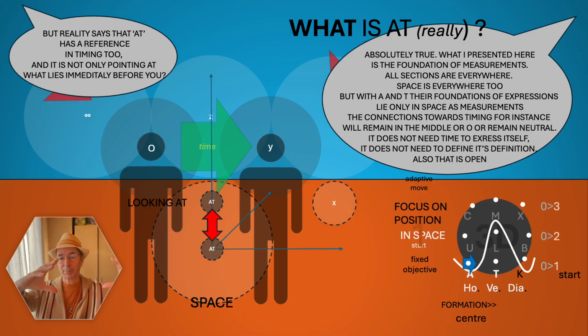You can enlarge space, but the measurements are in that way still the same, while connecting to more things at that point. The connections go towards timing, where in reality the point of reference of at will remain in the middle, and the timings will remain neutral. So in a way, you're always at the moment, just the moment.